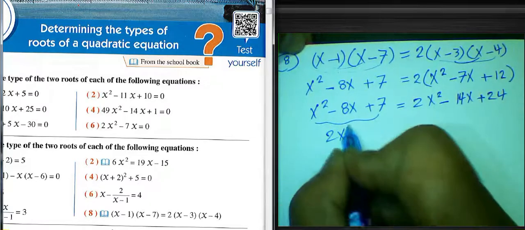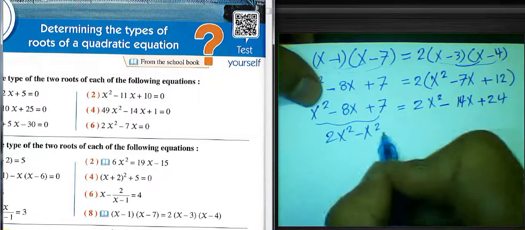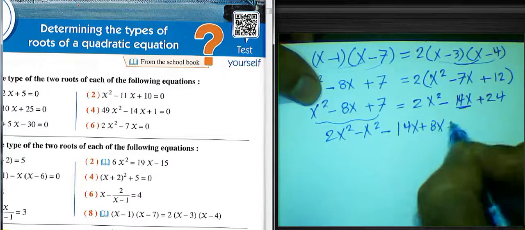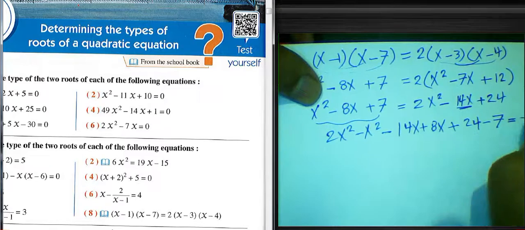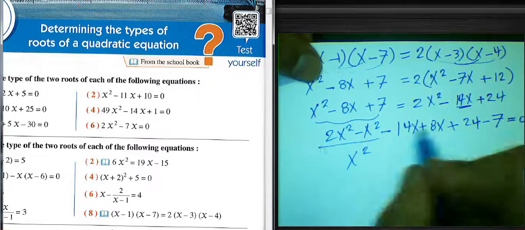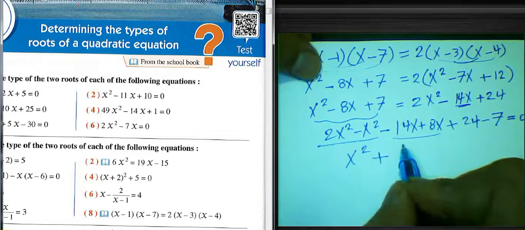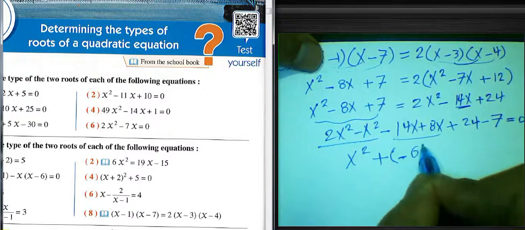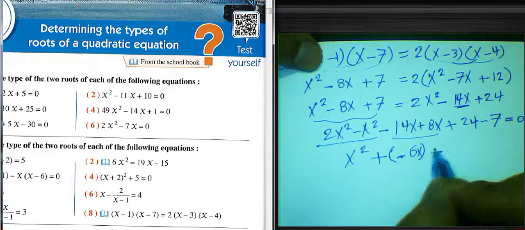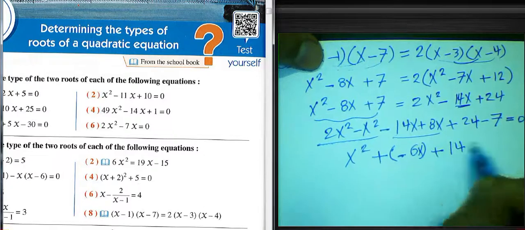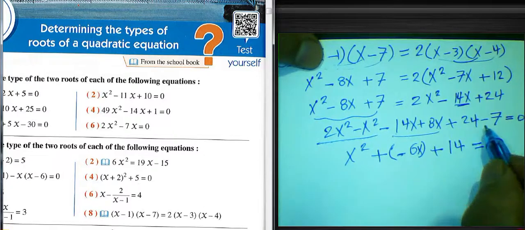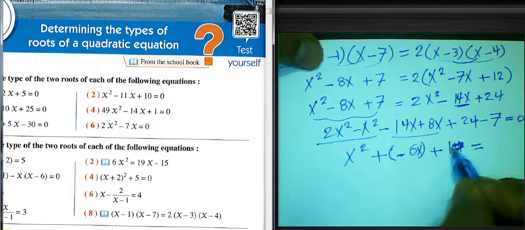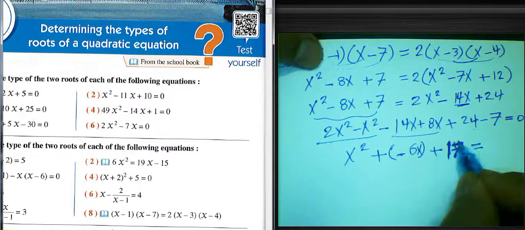We write x power 2 subtract 2x power 2, negative 14x plus 8x, plus 24 subtract 7 equals 0. x power 2, and this number will be negative 14 plus 8, negative 6x, plus 24 subtract 7 equals 17, sorry, 17. 24 subtract 7 equals 17.